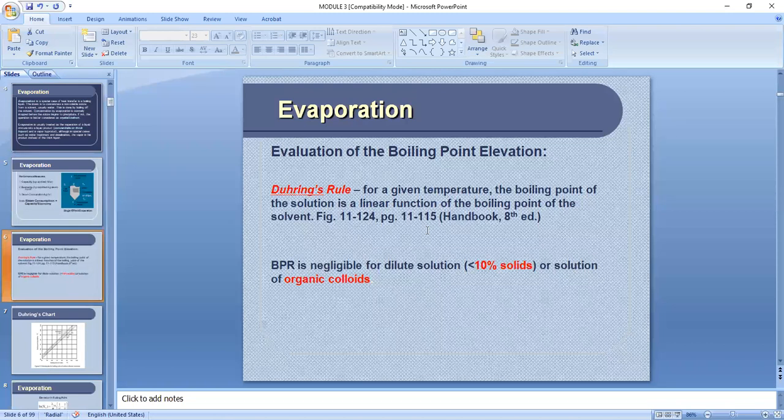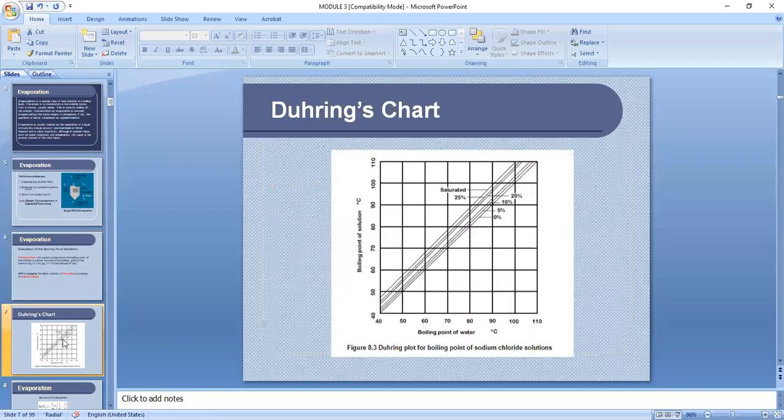If not, then we have to account for the corresponding rise in the boiling point due to the presence of the solids. Another thing that would help us simplify the evaporation problem is when we neglect the BPR for solutions in which we have organic colloids. So for organic colloids or solutions in which the concentrations are less than 10%, it's okay to neglect the boiling point rise. An example of a Duhring's chart is this one, just for illustration purposes.